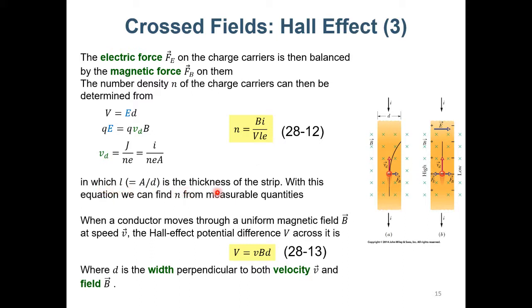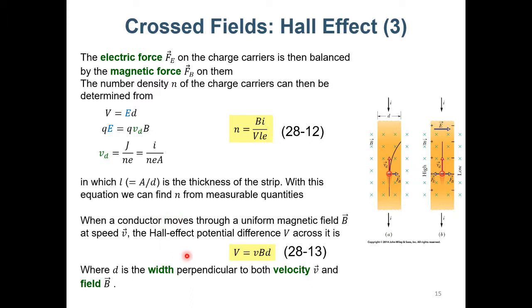L is the thickness of the strip, which means that it is three-dimensional, but it is only a cross-section, so it has some thickness. And actually, A is the cross-section area, so L equals A over d. So we have d here.